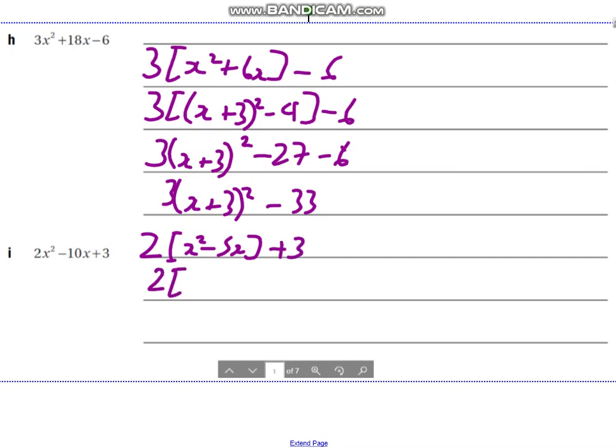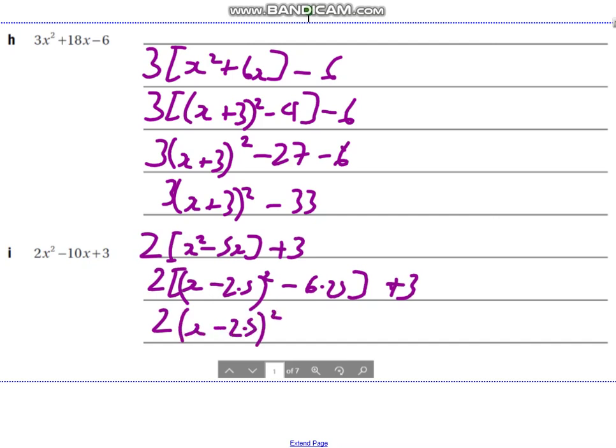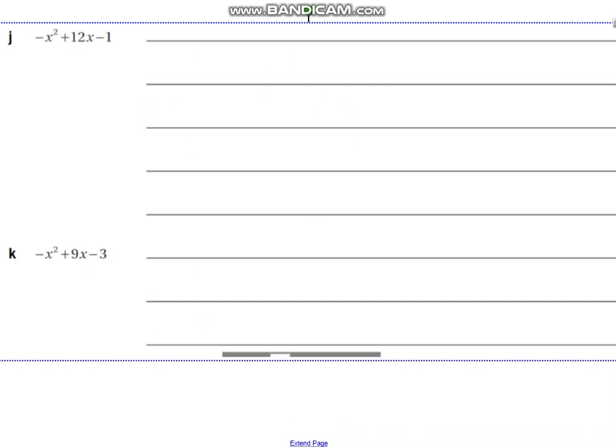To complete the square, x minus 2.5 all squared minus 6.25 plus 3, multiply through, so I've got 2 times x minus 2.5 all squared, close our bracket, so that will be minus 12.5, so add the 3, minus 9.5. Okay, alright, still more of these to go.